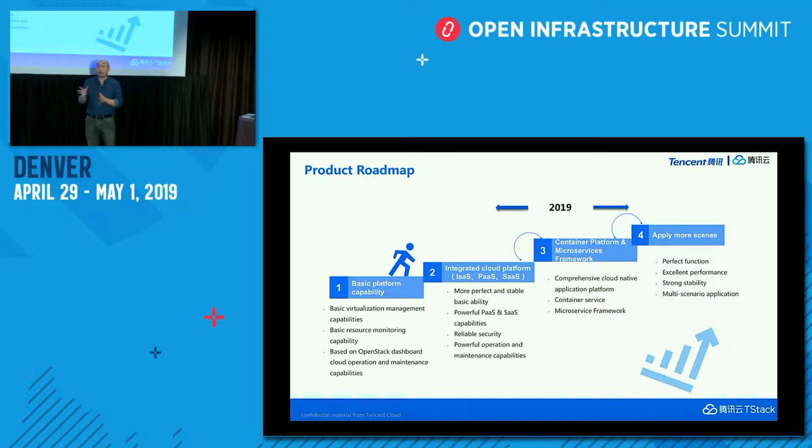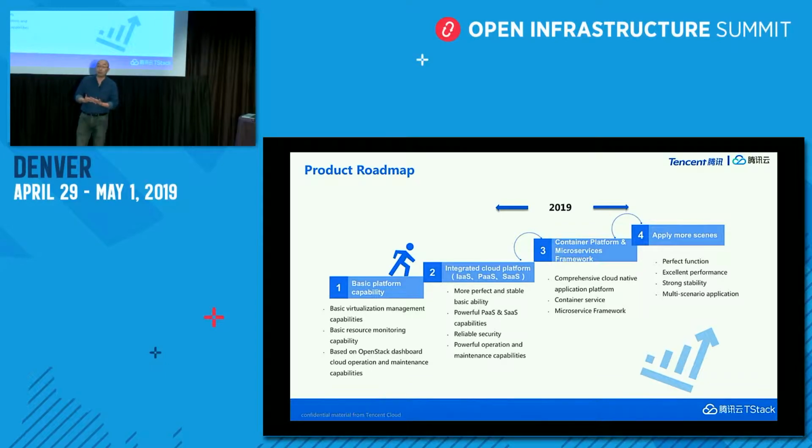So we have the OpenStack-based basic platforms, and we started to build these platforms in 2012. Later, we have all these well-mature, stable platforms until 2018. And from 2018, we try to build other platforms or other services upon this ICE.